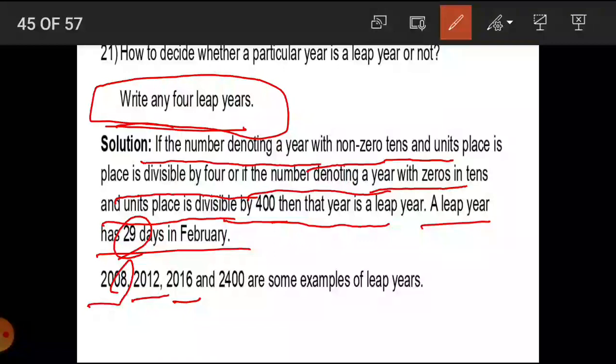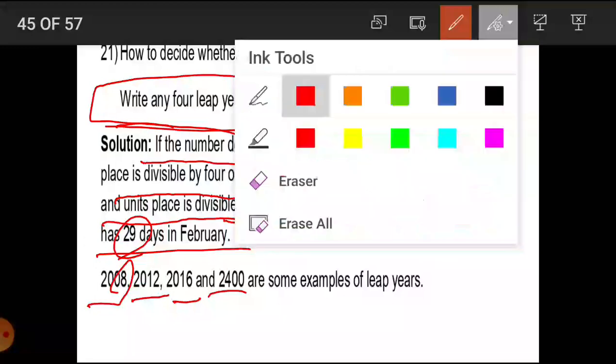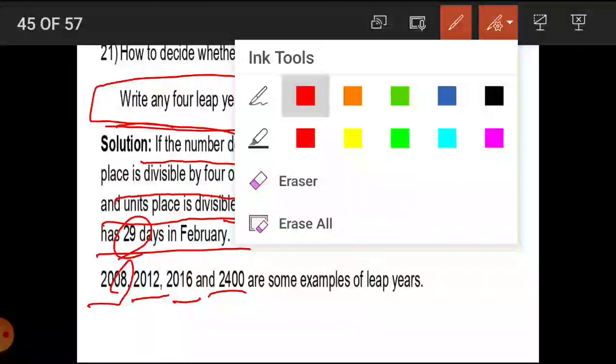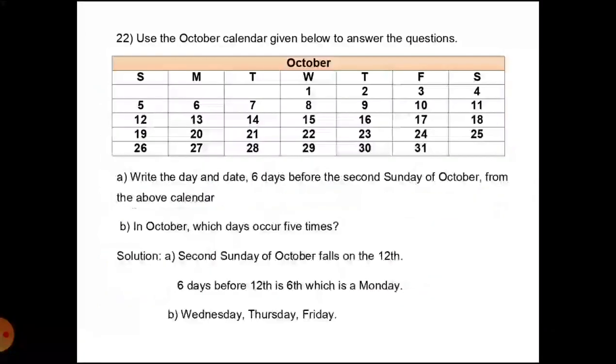Seeing the tens and unit, you will see 16 is divisible by 4. And next is 2400, which is also a leap year. So these are the 4 examples of leap year. Hope you all have understood what is a leap year and how we are going to find whether it is a leap year or not.